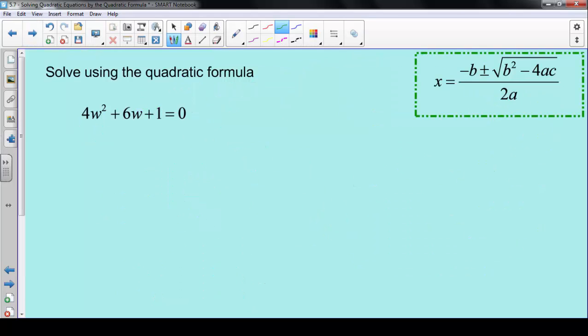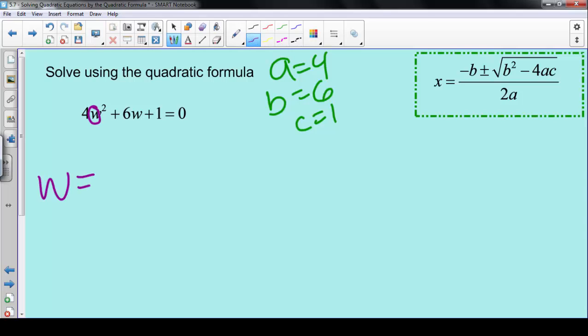Same here, it's already set equal to 0. A is 4, B is 6, C is 1. Notice we have a w for our variable this time, so it's w equals.